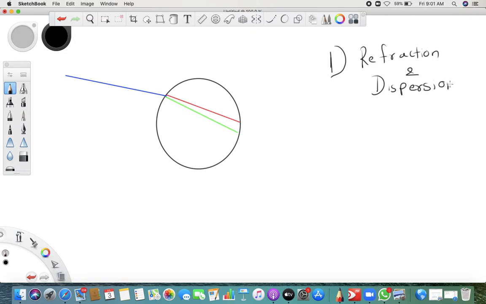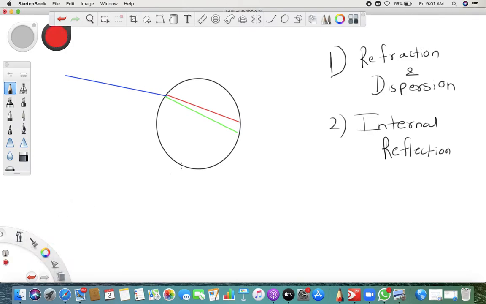Second is internal reflection. You must be wondering, sir, a water drop is transparent, so how is there internal reflection? Do you ever observe your image on water? You must have heard the famous story of the lion and the rabbit, where he jumps into the well. Here also, when you look into a bucket full of water or a pond, you see your own image. How is your image formed? It is because of reflection.